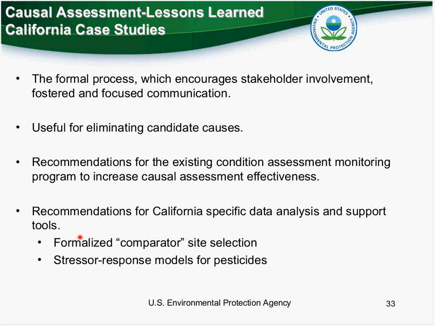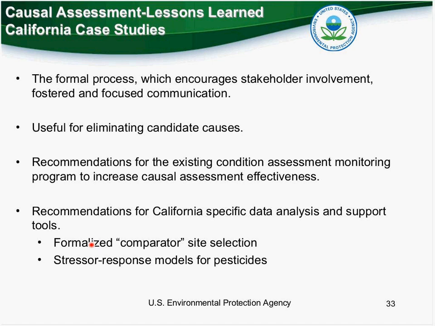The formalized comparator site selection is the largest issue, and notice we call it a comparator site, not a reference site. Reference sites are typically those very clean, high-quality sites that everybody wants to get to. When you're doing causal assessment, the reference site isn't always the best example because it's clean for a reason.